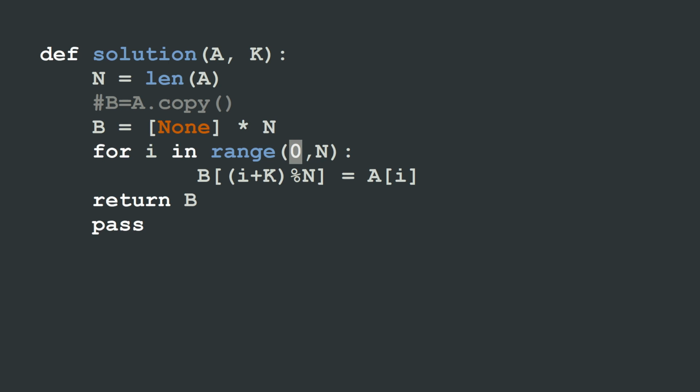And inside my loop, I will do just like we've done in the algorithm and the C++ solution: the index of the visited element plus k, modulus n, the size of A, and this will be the new position of the element A[i], which I will be storing in my list B. Then when all of this is done, I will return the result, which is B.